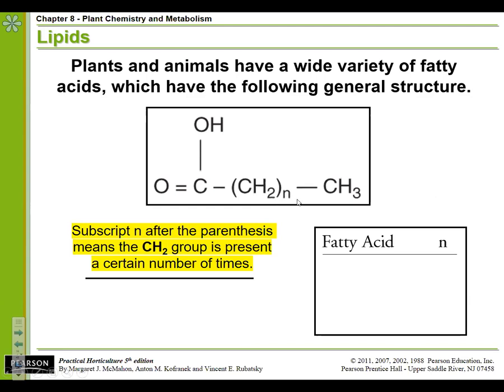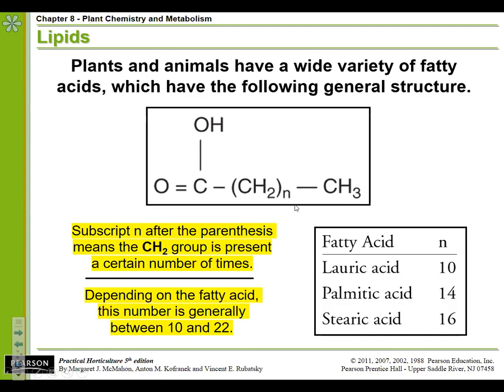So n is basically how many times that group is present, and it corresponds to which fatty acid it is. So lauric acid, we've got 10 of these CH2s. Palmitic acid has 14. Stearic acid has 16.